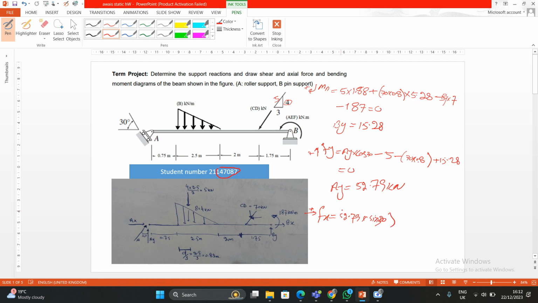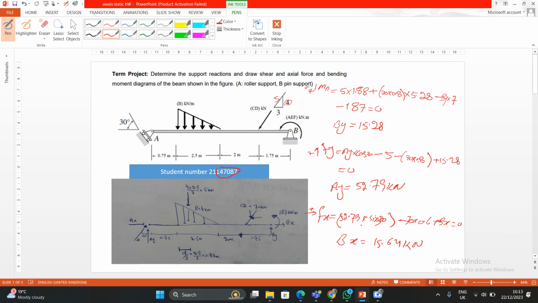Sine of 30 gives Ax, and now we have x forces of 70, which is also in the negative direction, so 70 multiplied by 0.6, and we have positive Bx equal to 0. So Bx becomes 15.64 kilonewton.